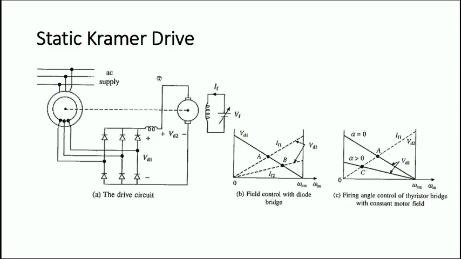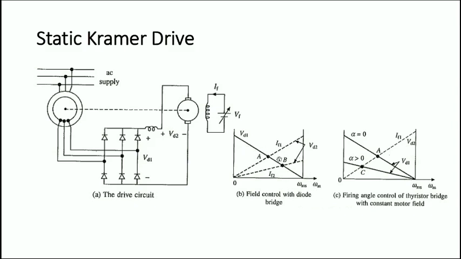This static Kramer drive speed control is possible for the speed variation from synchronous speed to half of the synchronous speed. That is the normal variation we can obtain by the static Kramer drive. If you want further variation in speed, then we have to change VD1.